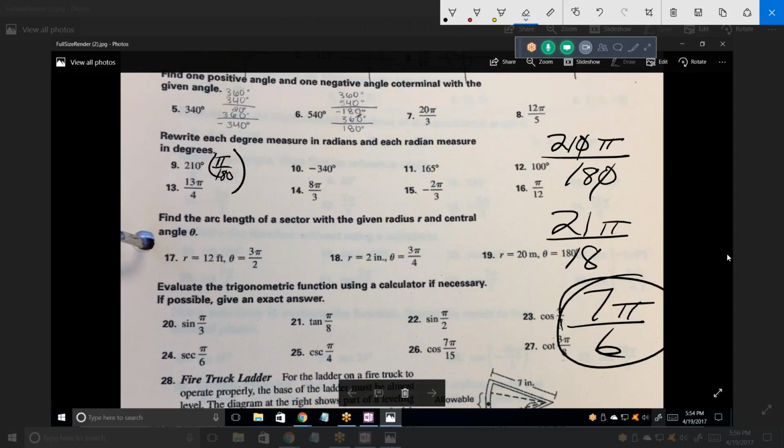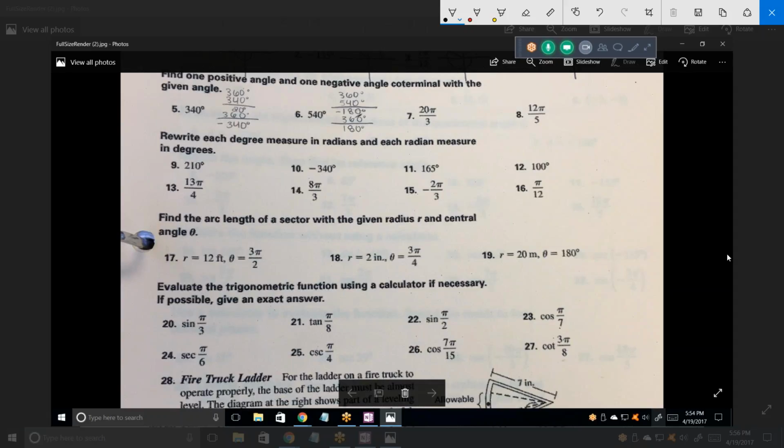Okay. So all we're going to do is use the conversion factor on all of these. So give me the conversion factor again. Pi over 180. Now what we have is minus 340 pi over 180.